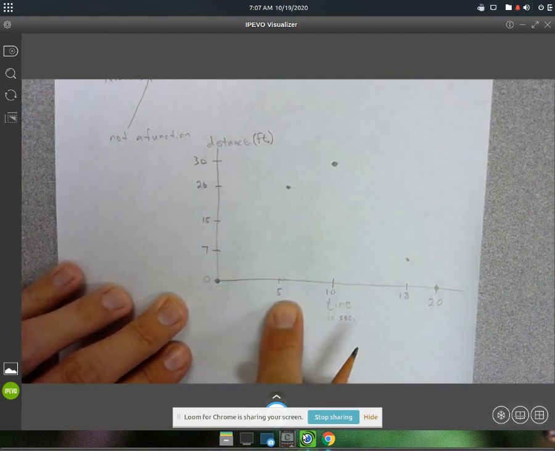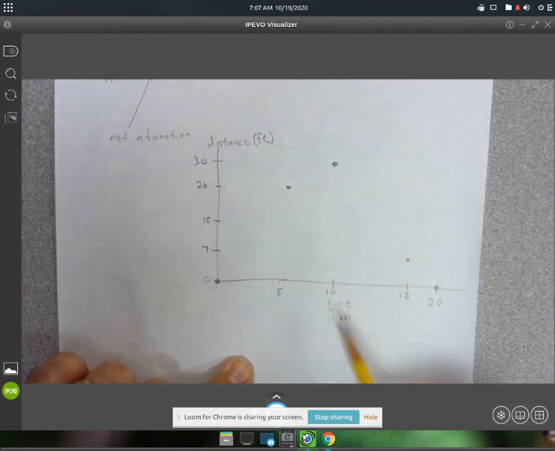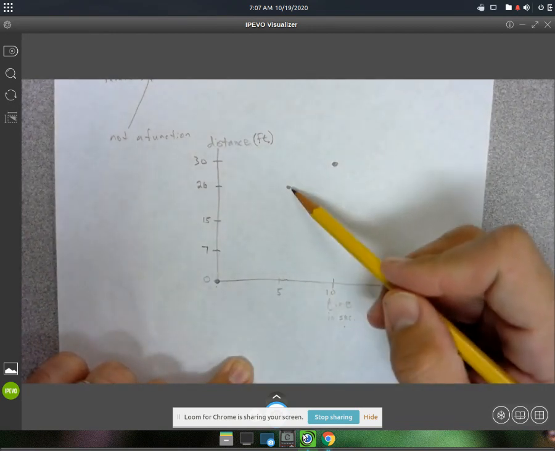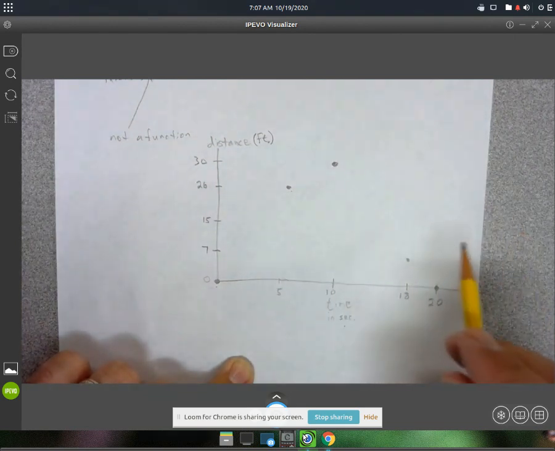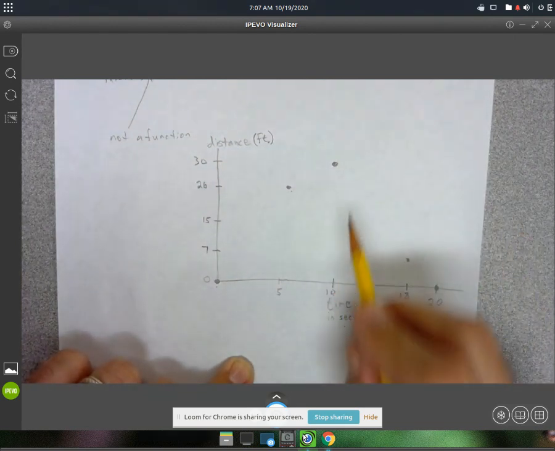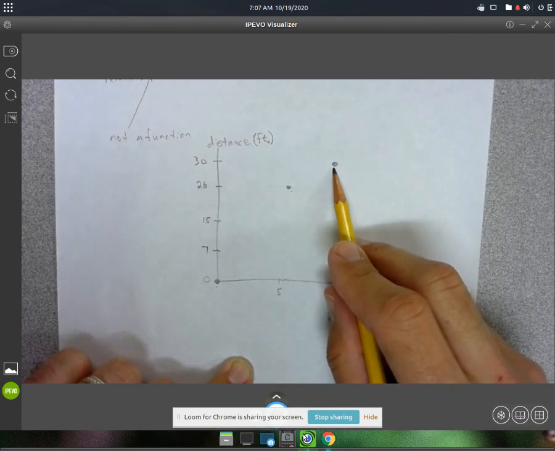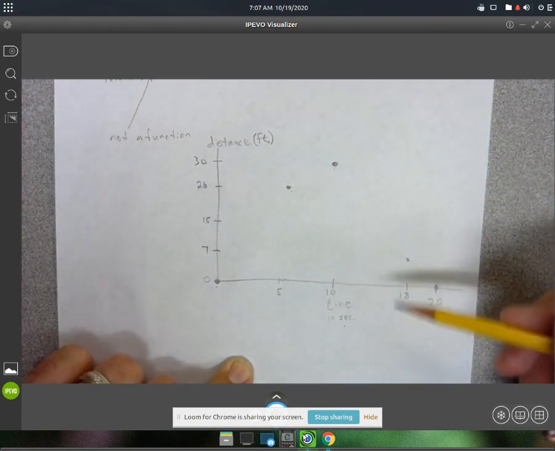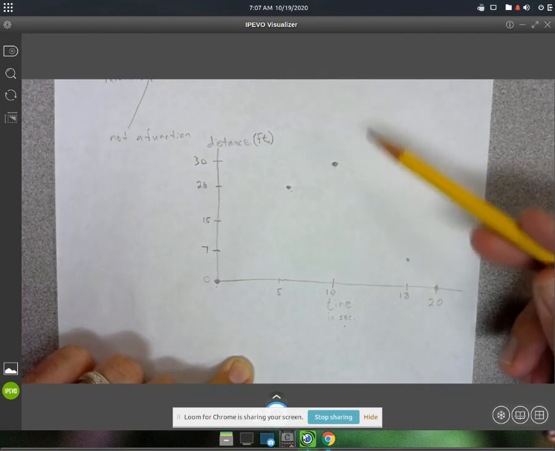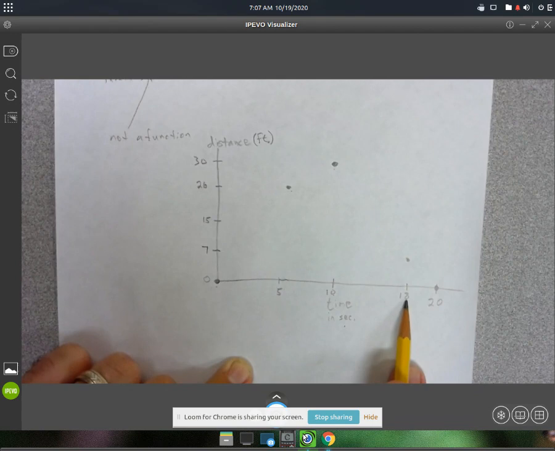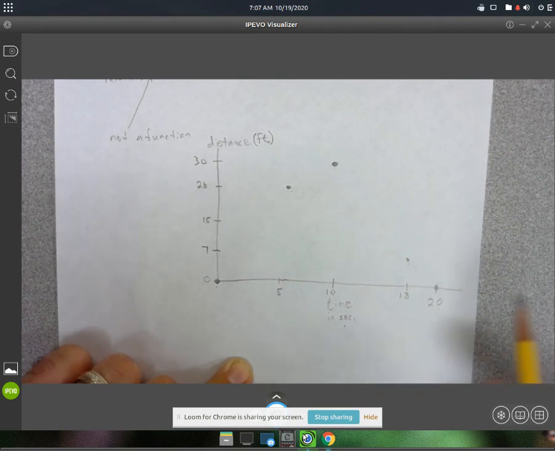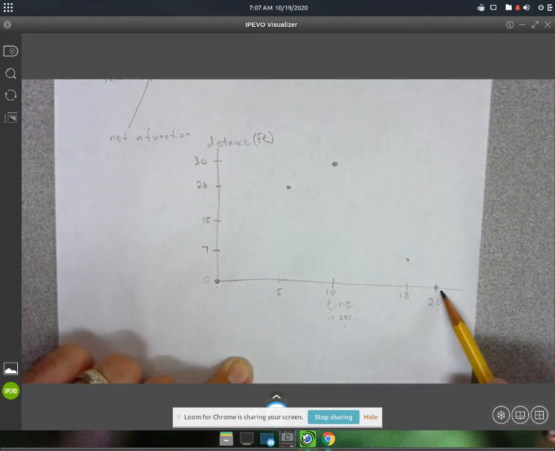At 5 seconds, I am 26 feet away from the door. At 10 seconds, I am 30 feet away, the furthest I'm ever away from the door. Then at 18 seconds, I'm 7 feet away, and at 20 seconds, I am back where I started, right next to the door.